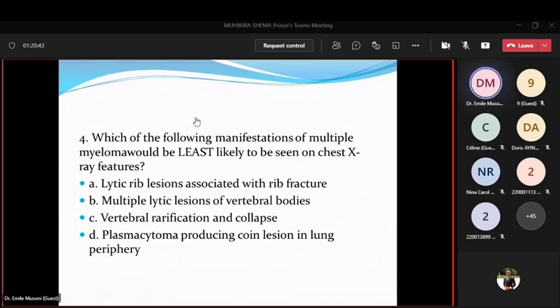Lytic lesion with associated limb fracture, multiple lytic lesions, vertebral compression and collapse, or plasmacytoma presenting as a coin lesion in the lung periphery.